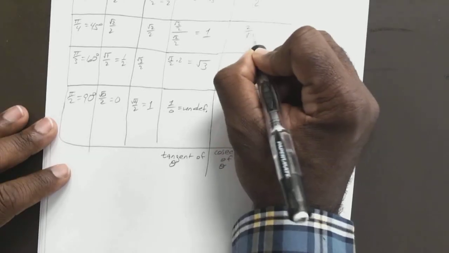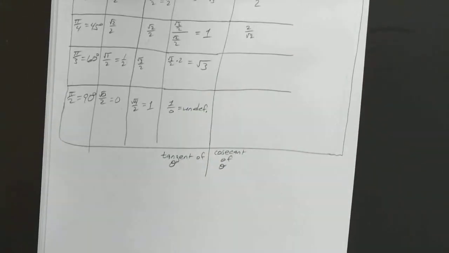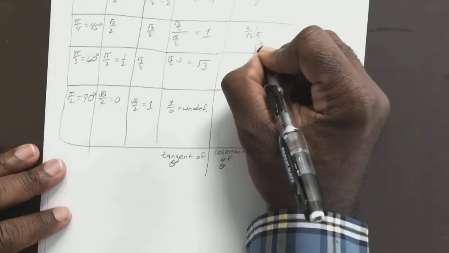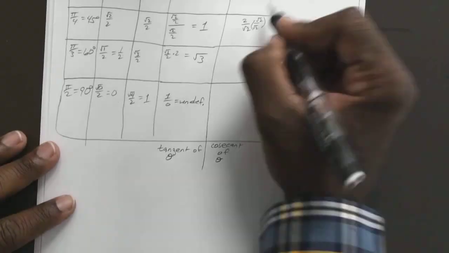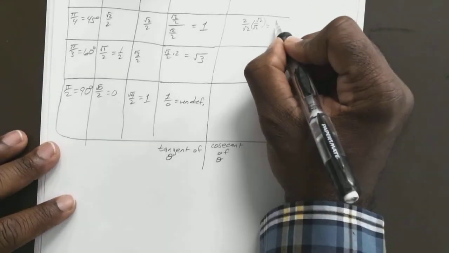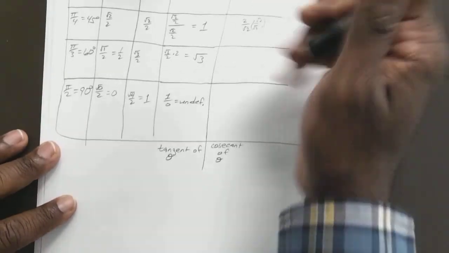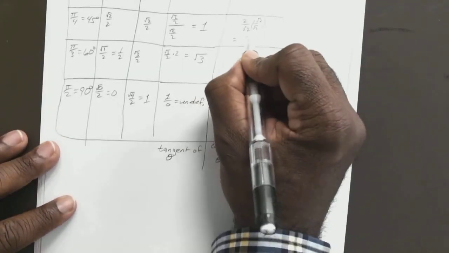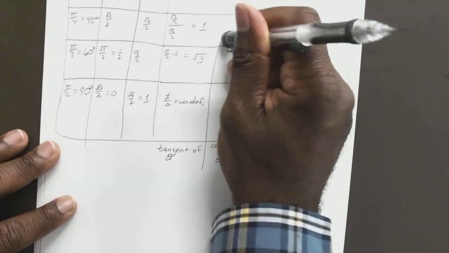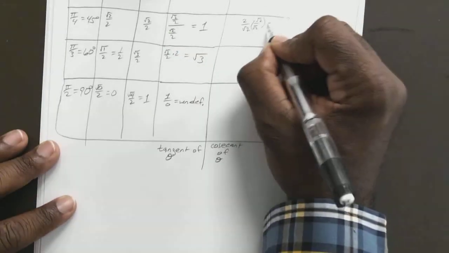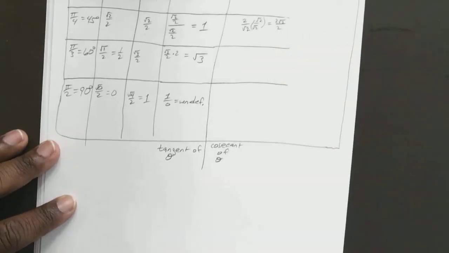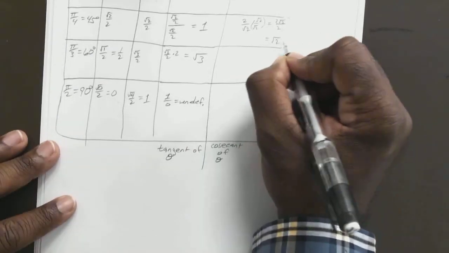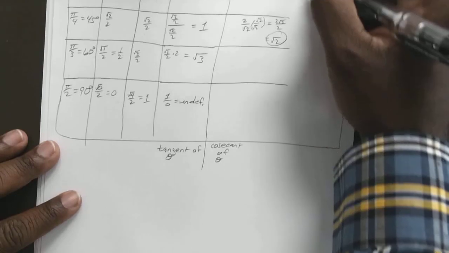Here, if sine is square root of 2 over 2, this would be 2 over square root of 2, which once you rationalize it by multiplying both by square root of 2, you end up with, put it underneath it since we're running out of room, 2 square root of 2 over 2, which is just square root of 2.